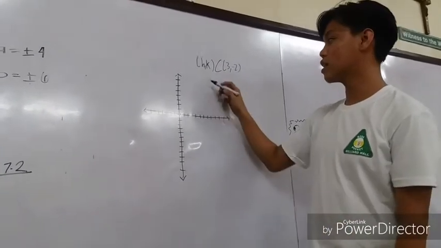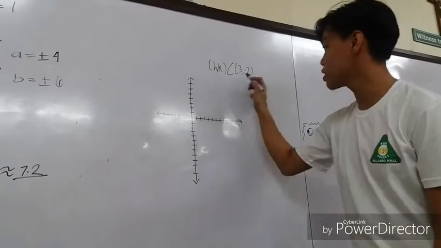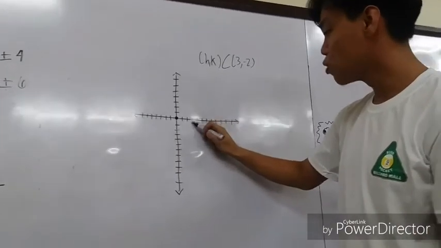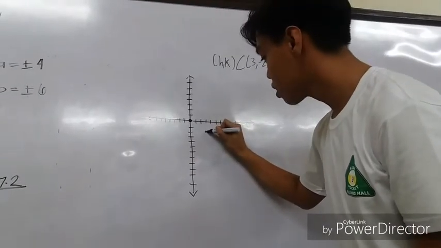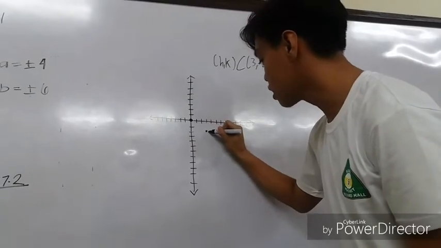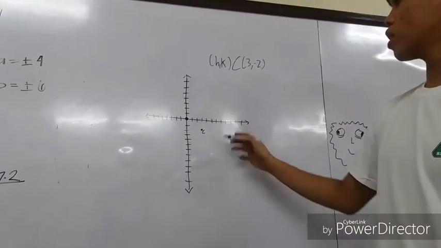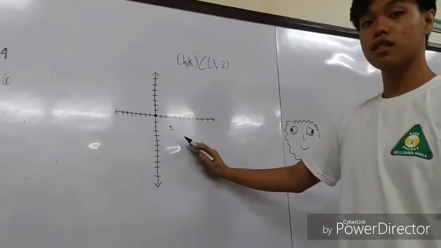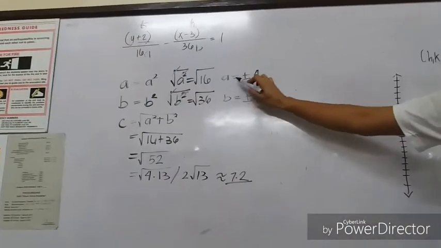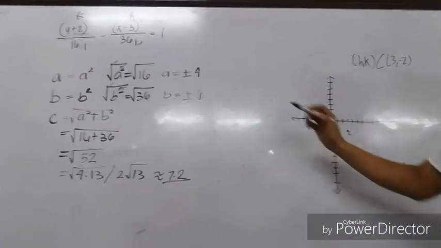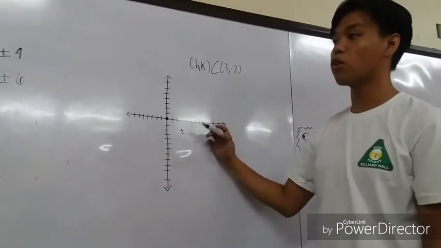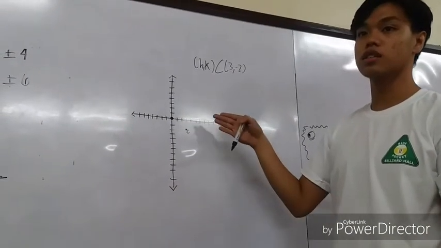Now we will plot the center. So positive 3, negative 2. So here, this is our center. Now we will plot the vertices, which is A, so positive and negative 4. Since the hyperbola is opening up and down, it is vertical.